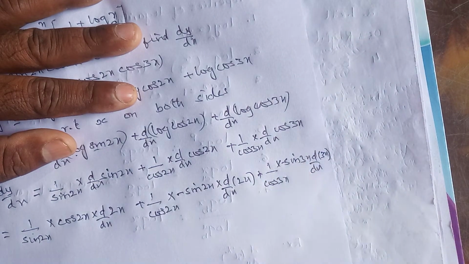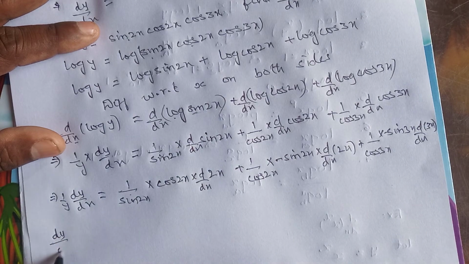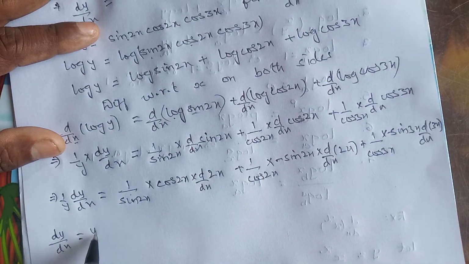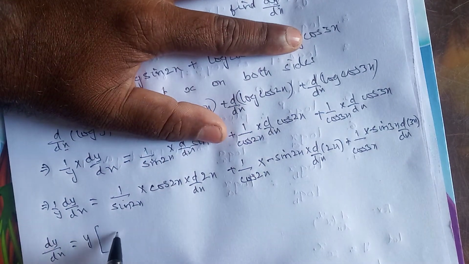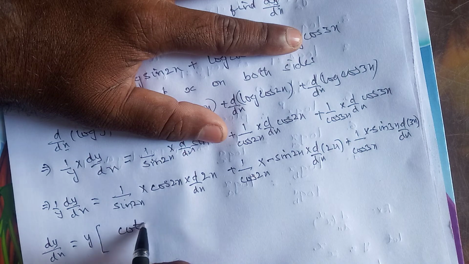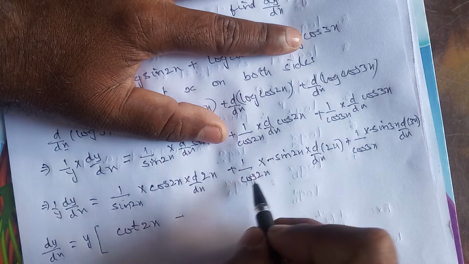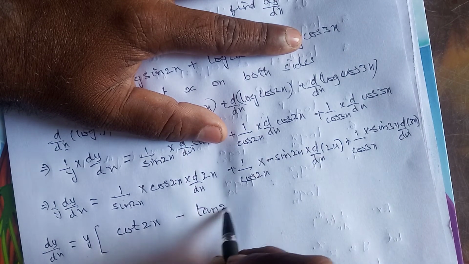Now this dy by dx as it is. Cos by sin, you know already, is cot 2x, and plus into minus, minus sin by cos, you get tan 2x.